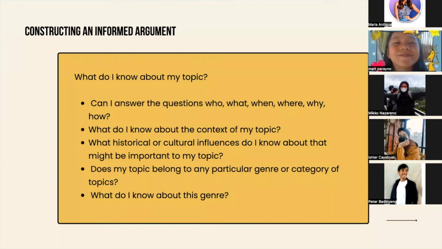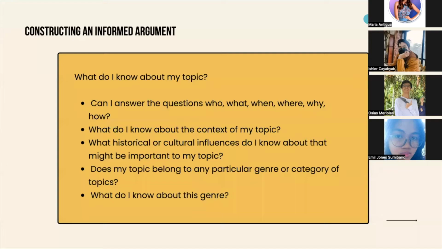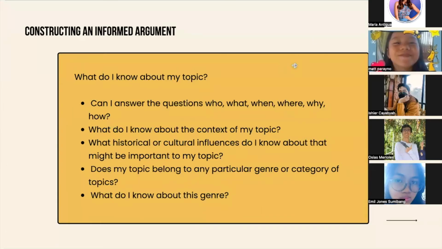There are different degrees of knowing. As I've said, you will want to consider what you know about the topic, and there are different levels of what you know about a certain topic.